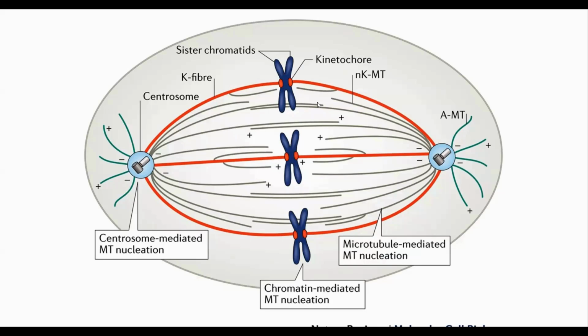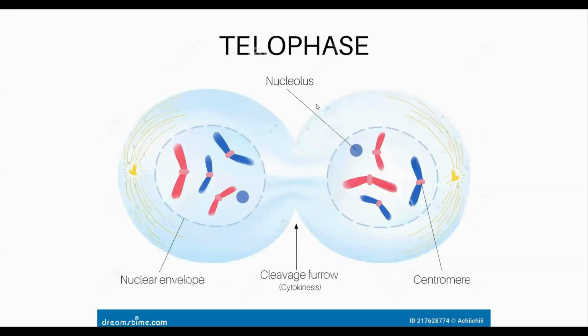It's important to note that the nuclear envelope must break down to allow mitosis to proceed, easing the separation of genetic material. Next, as we move into telophase, we witness the chromosomes uncoiling, which is vital for allowing gene expression in the daughter cells. This stage marks the final phase of mitosis.